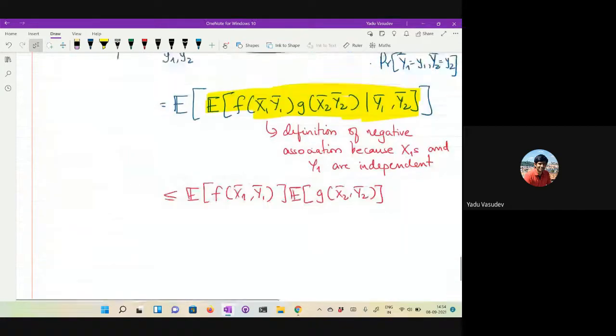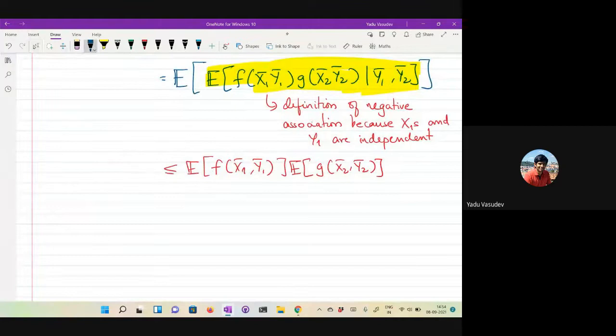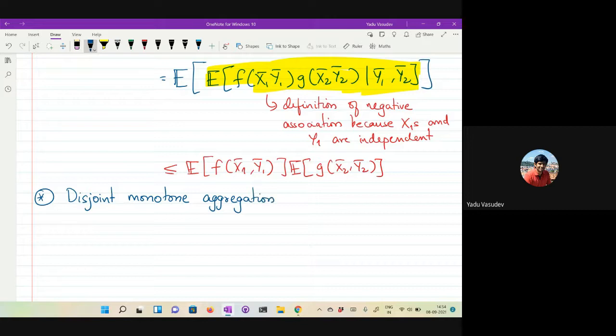Okay. The second property that we will see is again not very hard to see. This is called disjoint monotone aggregation. What does this say?